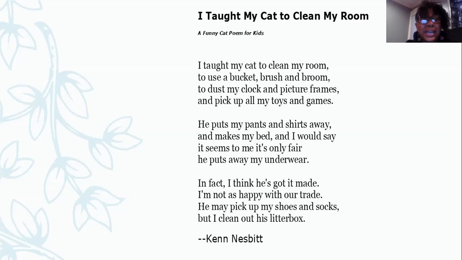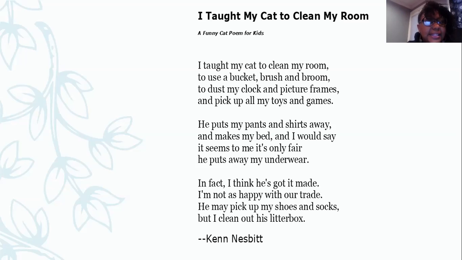Wait a minute, on the second line, the last word says broom. Room and broom rhyme. That means this poem might rhyme. And I need to make sure I catch the rhythm so that it rhymes while I'm reading it. You guys ready to practice? Let's go. Before I get started, I'm thinking, what does Ken Nesbitt want me to know or think about his cat cleaning his room? Let's go.